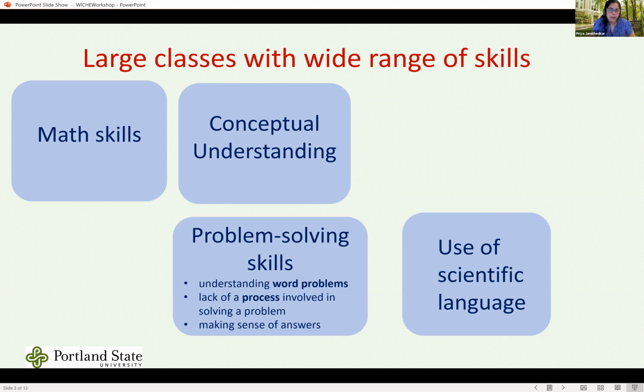We also had students taking this class as juniors or seniors or post-bacs, and they probably forgot their math skills, or they just didn't understand a concept. So they would come a bit unprepared with their math skills.